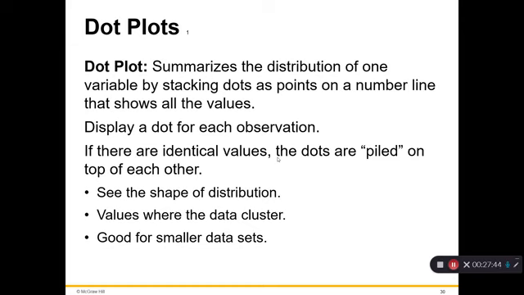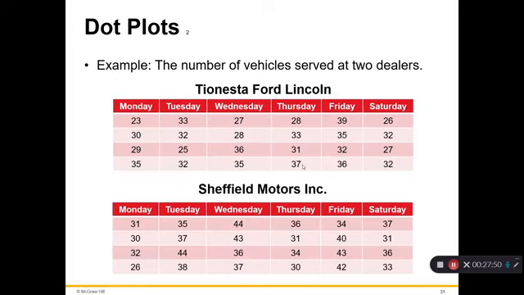So let's look at this. This is the data here, data plots. What we have here is data that displays the number of vehicles served at 2 dealerships, a Ford Lincoln dealership and Staffield Motors Incorporated.